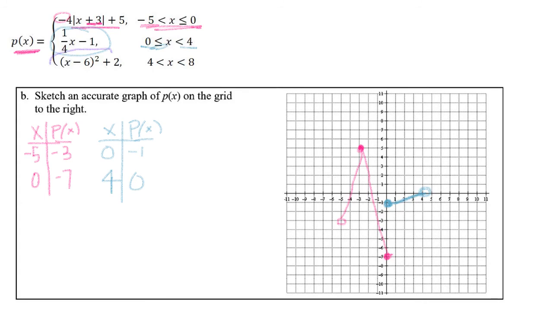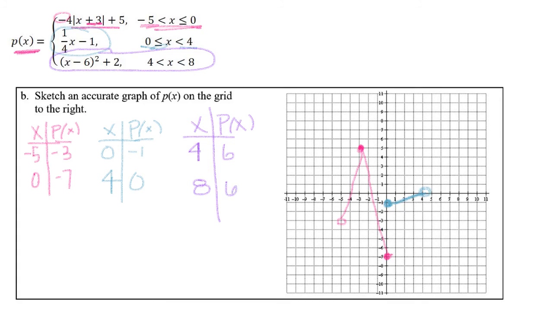For the last one, notice we have a parabola, and let's go ahead and do our t-chart for it. And we will also fill in. We know I have endpoints 4 and I have endpoints 8, and so let's fill in. If I substitute in 4, then I should get the point 6, and if I fill in the point 8, then I'm going to get 6 again.